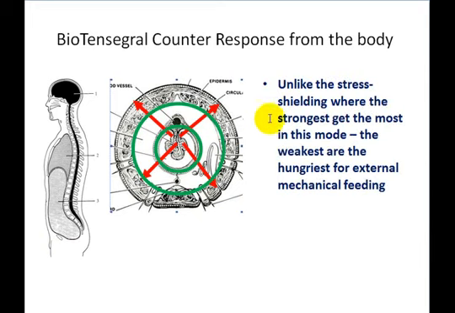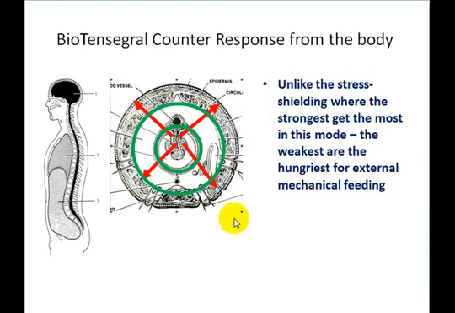And the problem of the loading with distortion is the presence of the stress shielding effect, where the strong elements take the lion's share of the external mechanical load, and therefore the weakest are kept away from action. They are not addressed.